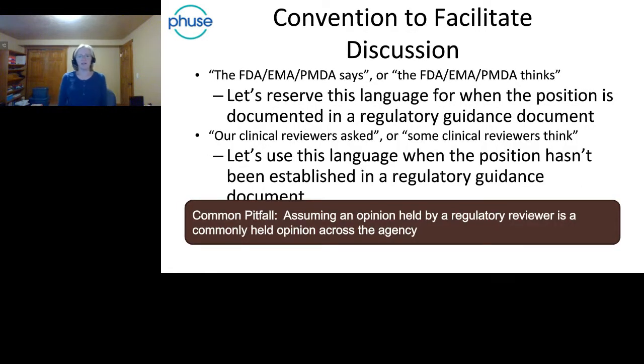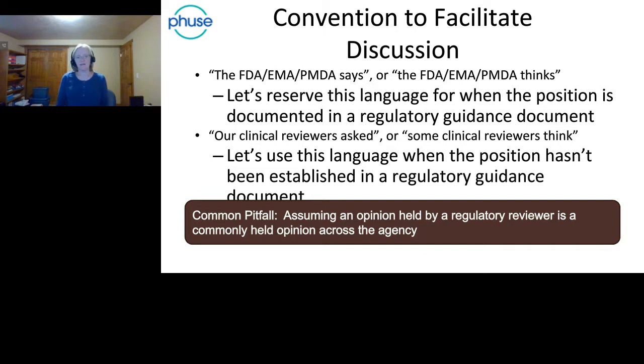So one convention that facilitates discussion, and this is something we do see a lot: when you're working within a team at a sponsor, a lot of times someone might say, well, the FDA thinks this, or the EMA thinks that, or the PMDA thinks this.